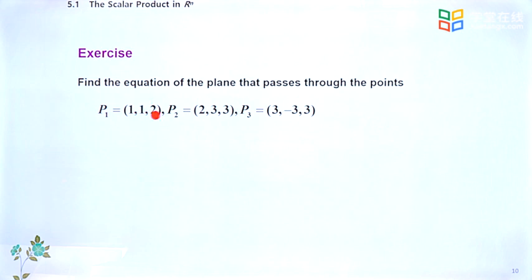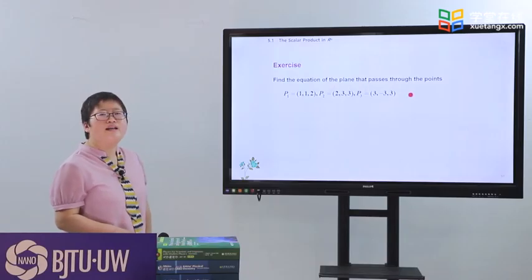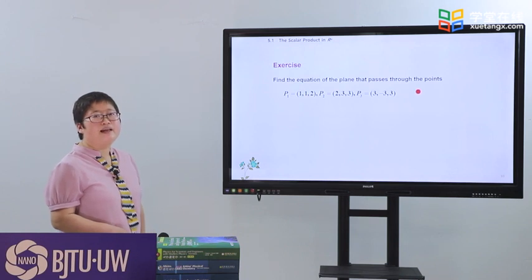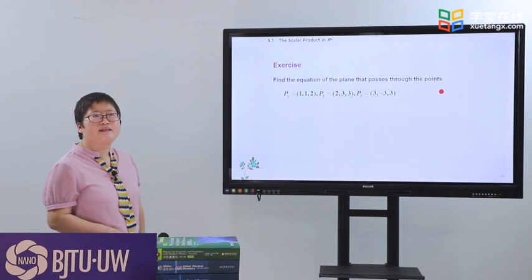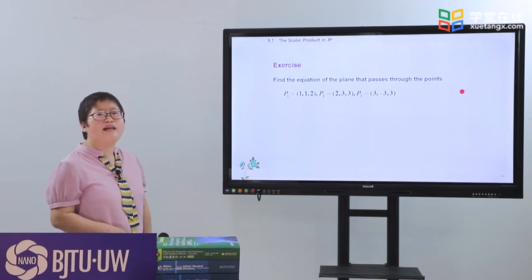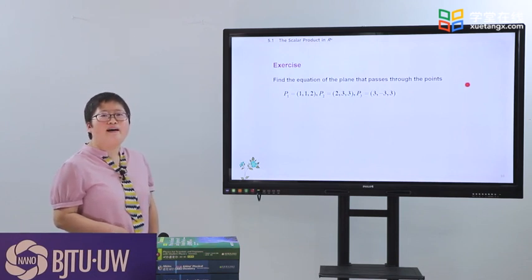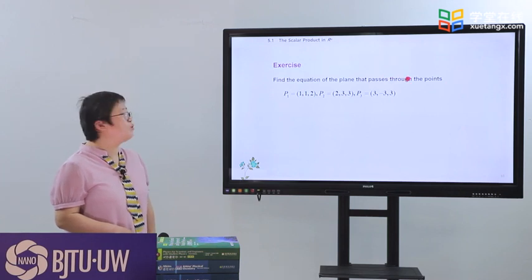Then how to get the equation for this plane? For example, you can have P1, P2, this vector is on this plane. And also P1, P3 is a vector on this plane, okay? If you do the cross product, you will get one vector that is normal to P1, P2 and also P1, P3.